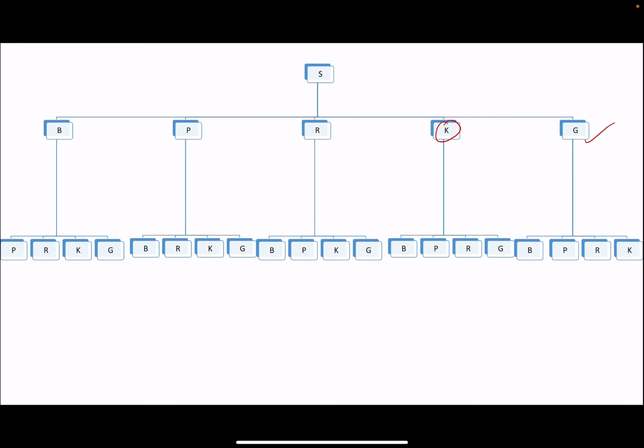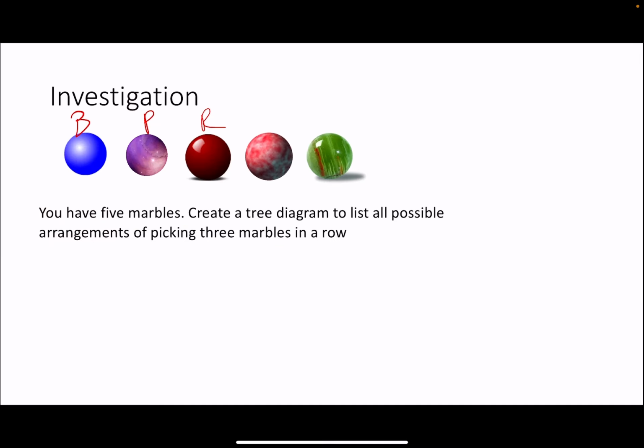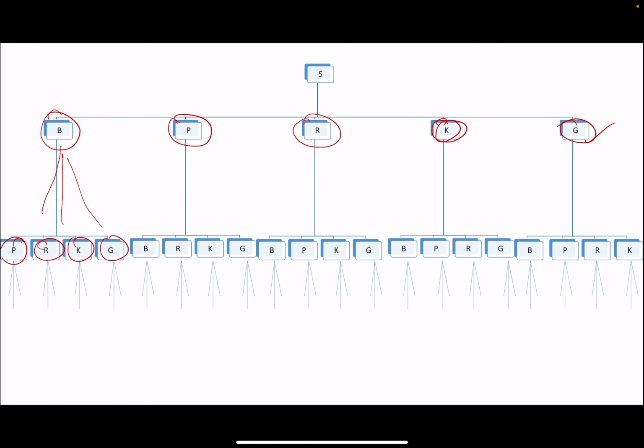So we have 3 trials. Our first scenario, we had 5 possibilities. And then after we pick 1, we have 4 left. Notice there's no B in these. And for each one of these, there's 3 possibilities. And then we stop. We don't continue to choose. Now, how many different outcomes are there?